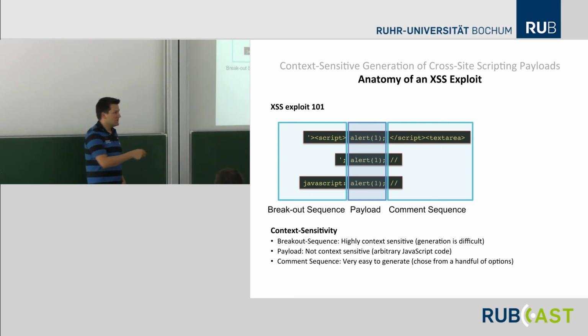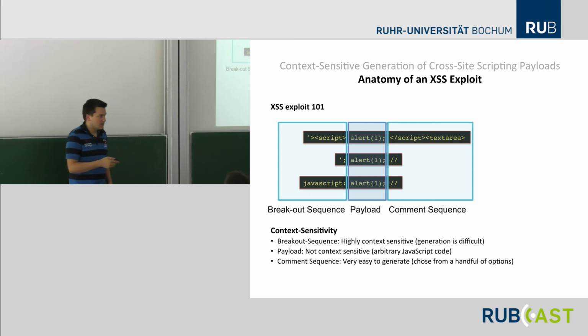Usually your injection point is inside something where you cannot immediately execute a piece of JavaScript, right? You're in an attribute of an HTML tag. You cannot execute JavaScript there. You first need to break out into a context that allows you to execute JavaScript. And then we have the third part, and we call this a comment sequence.